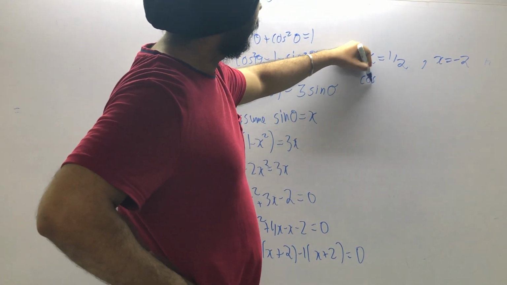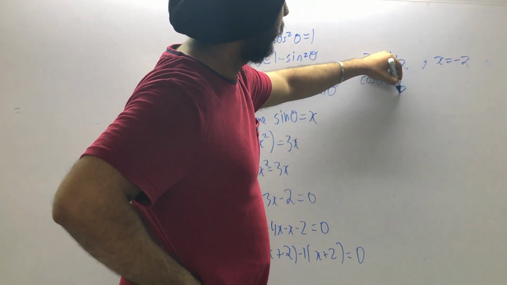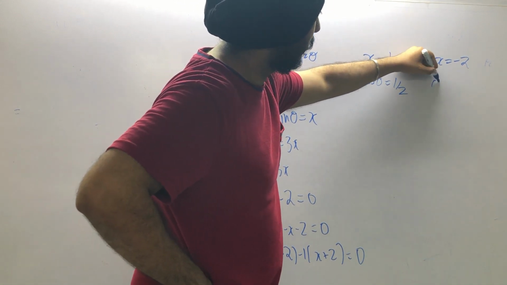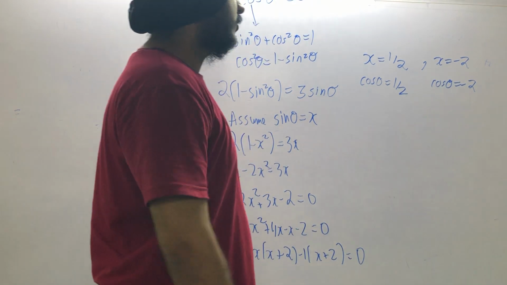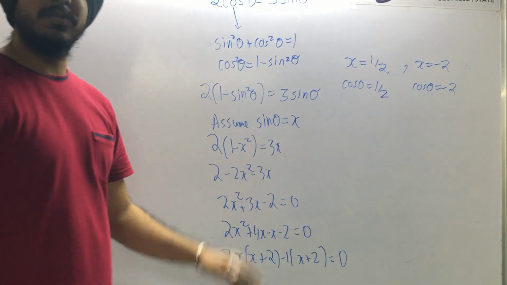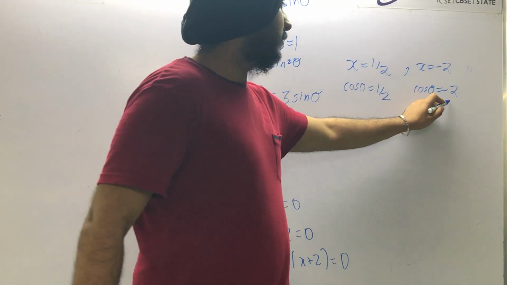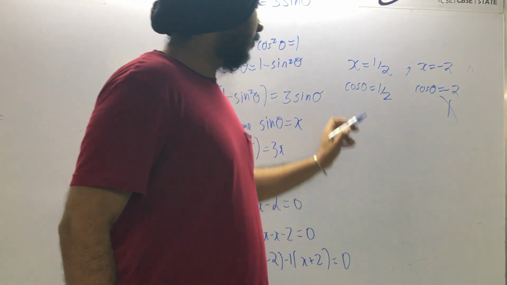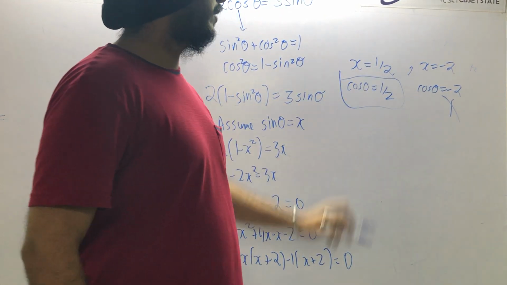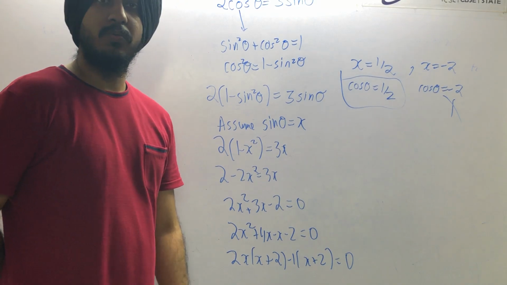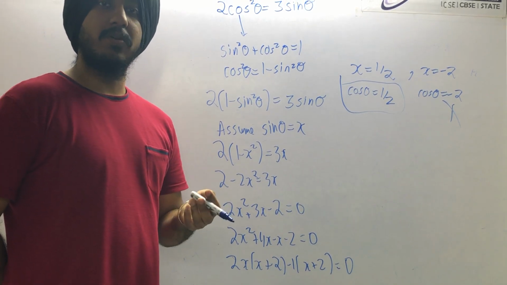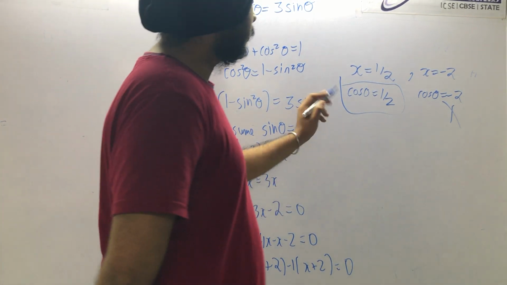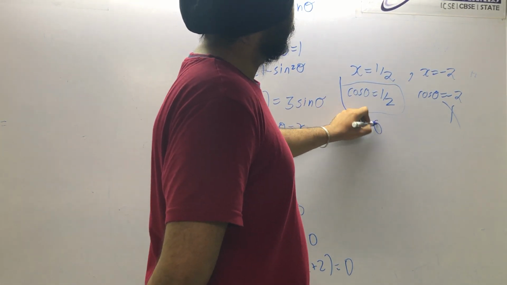Sin theta. So which are the two possibilities? Minus 2 is possible? No, because minimum value is minus 1. Only possibility is this. And at what angle is it 1 by 2? The acute angle. Acute angle is less than 90. So at what angle is it 1 by 2? That is 30 degree. So theta is 30 degree.